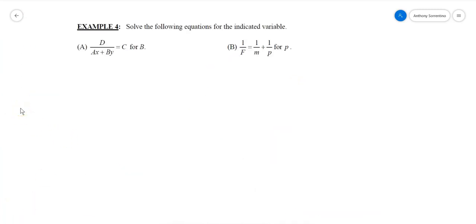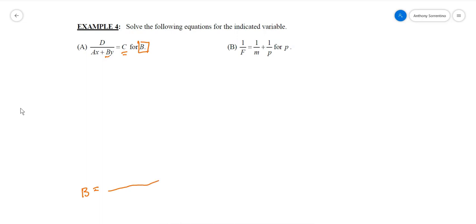So here we're just looking to solve the equation for an indicated variable. Right now this equation is solved for c. C is alone on one side of this equation. I want to get it so it's solved for b, this one right here. So I want this to look like eventually b equals something on this side.